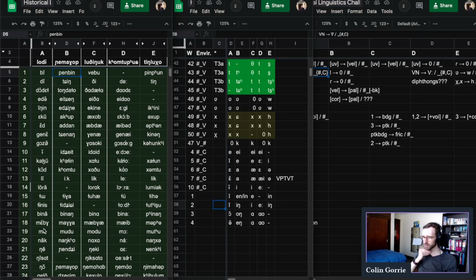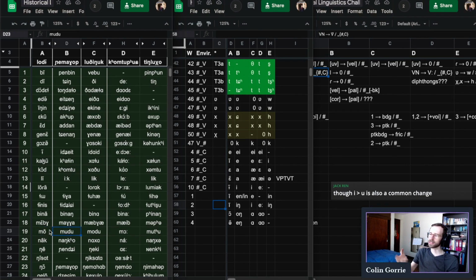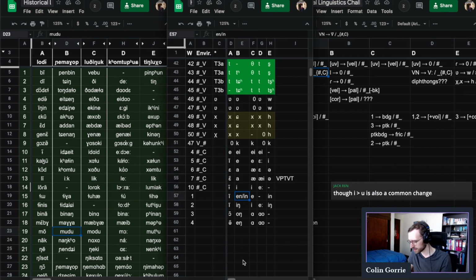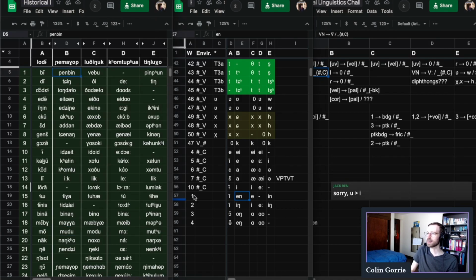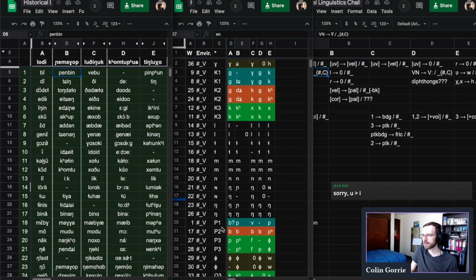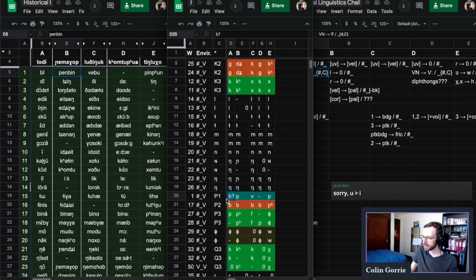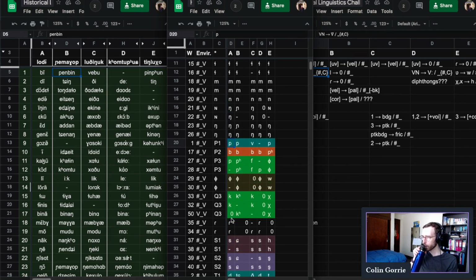Sutton's suggesting we go look at 19. Yeah, so 19 is a similar situation where we have on, mo in A corresponding to mudu, and it's quite clear that we're continuing the first syllable there. So I think we can safely say that I in A corresponds to N in B. And that means we can also go up and find where we've done the B, and actually this is continuing P. Maybe.